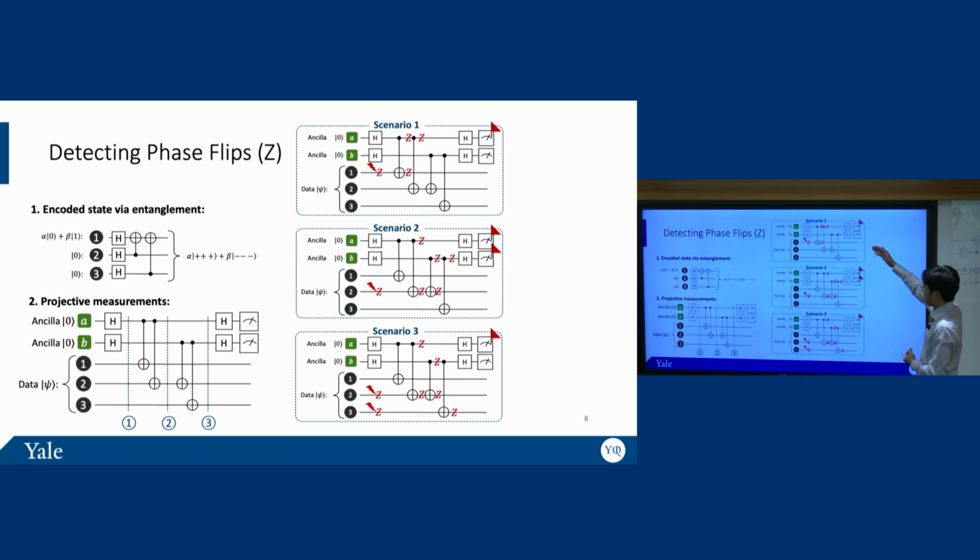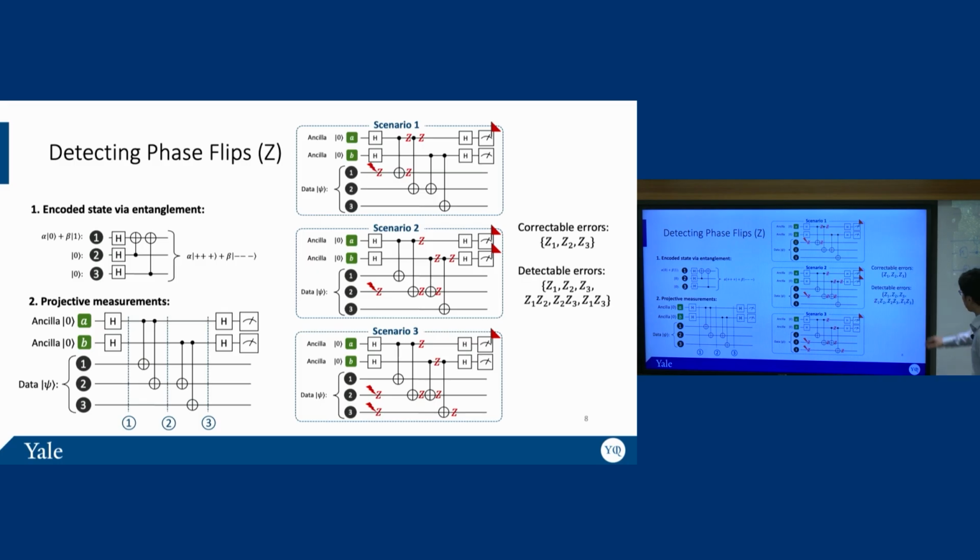In fact, all I did here was replace the circuit and replace the X with the Z. So the way that Z errors propagate through the C0 is very similar. In particular, if you reverse the ordering, they are exactly the same. So you can see the same measurement outcome pattern as we saw in the previous slide.